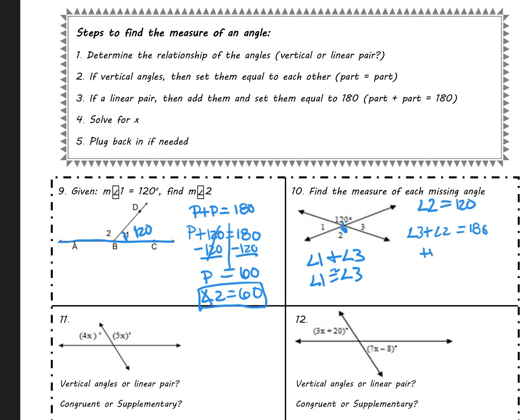I now know that angle 2 is 120. And so then I subtract 120, y'all, and I get 60. So now I get that angle 1 and 3 are going to equal 60 degrees. So I can label this whole graph here 120, 120, and 60, all right?